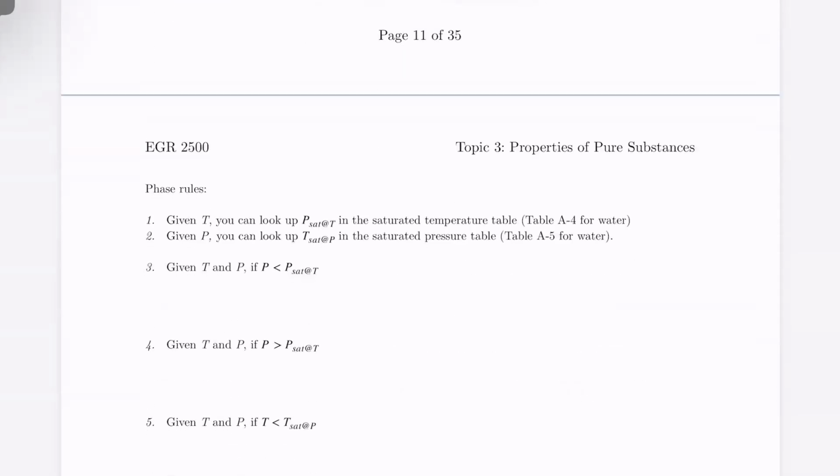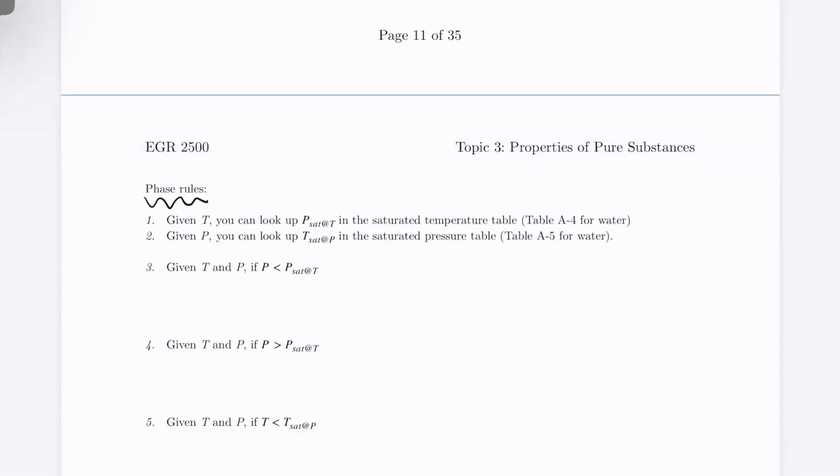Okay, so let's talk about some more rules for phases. If you are given a temperature, you can look up the saturation pressure at that temperature in the saturated temperature table. And conversely, if you're given pressure, you can look up the saturation temperature given that pressure in a saturated pressure table.